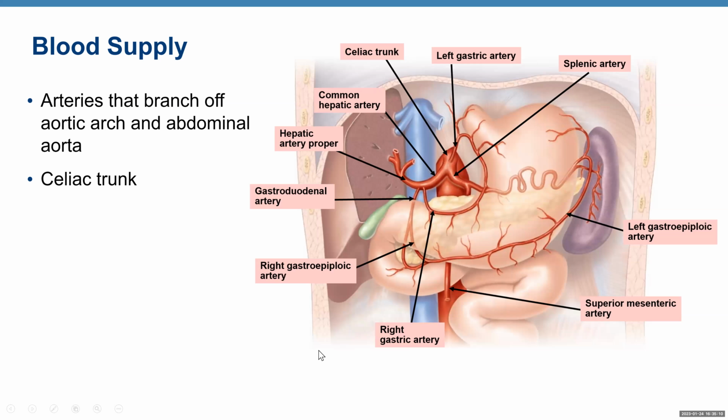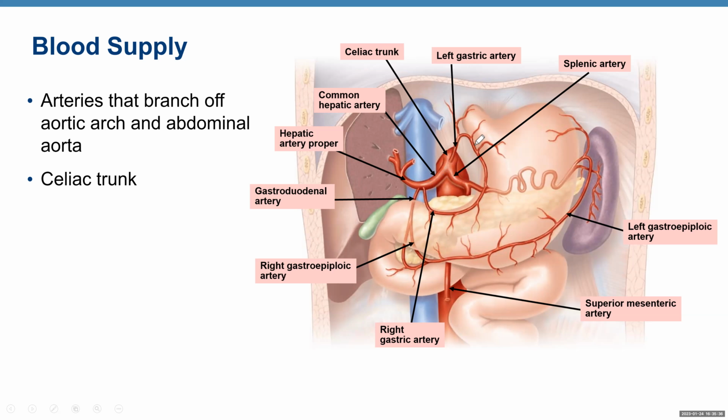So here's another anatomical diagram, because the first one was more of a physiological diagram. Here you can see our celiac trunk that I already mentioned. In anatomy, trunk means a short blood vessel, and it has three major branches: left gastric, splenic, and common hepatic.